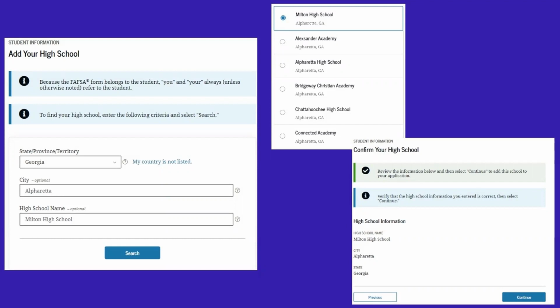So each high school is assigned a number, and each college is assigned a number. You would not be expected to know that, but by going through that search tool and verifying that information, they now know the identity of the school from which your child has graduated. So it's a pretty straightforward search.